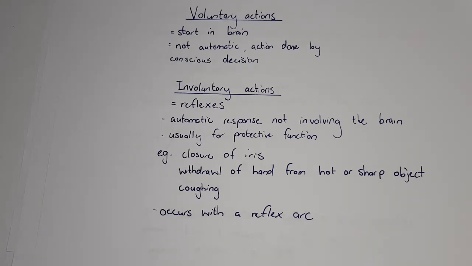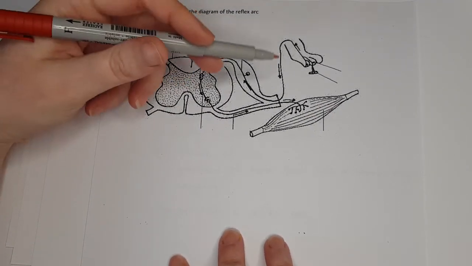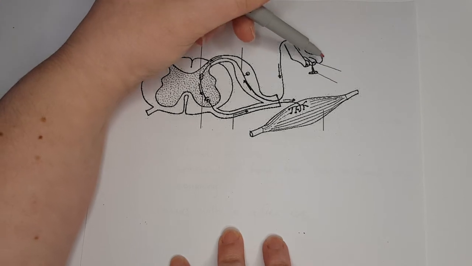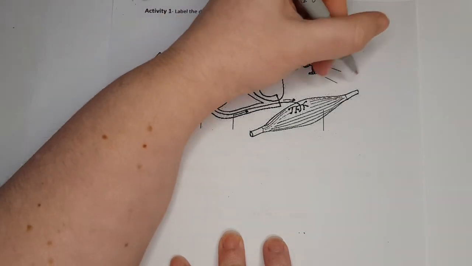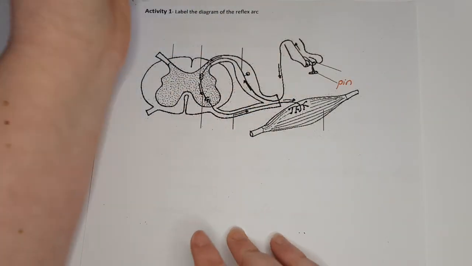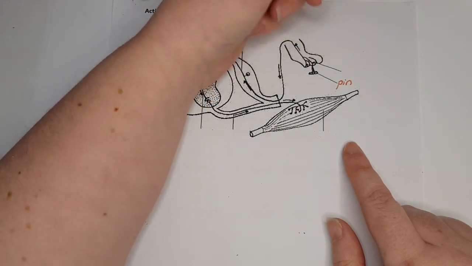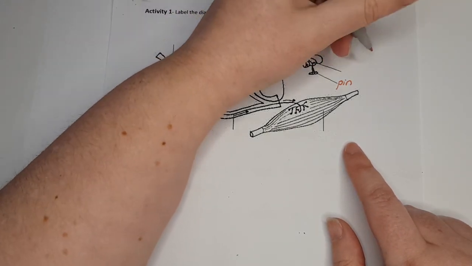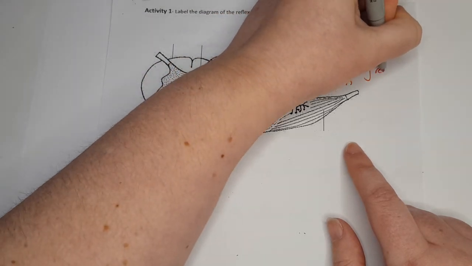Okay, so if we look at a diagram of a reflex arc, it's going to look something like this. So there's a hand, and it's going to be pricked in the finger by a pin. So that's going to be the pin, and then at the tip of the finger or foot or whatever it is, you are going to have a sensory receptor.